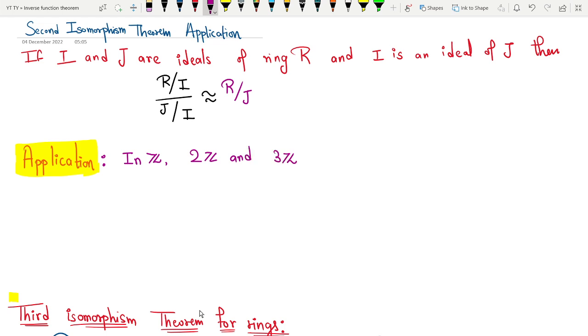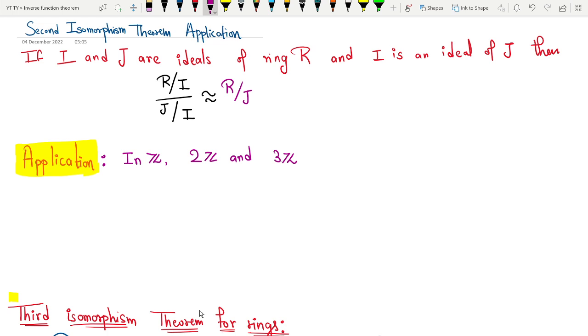Now the first question arises, can I say 2Z and 3Z are ideals of Z? Yes, they are principal ideals, but neither of them is an ideal of the other. Can you see that? I cannot say that 2Z is an ideal of 3Z or that 3Z is an ideal of 2Z.